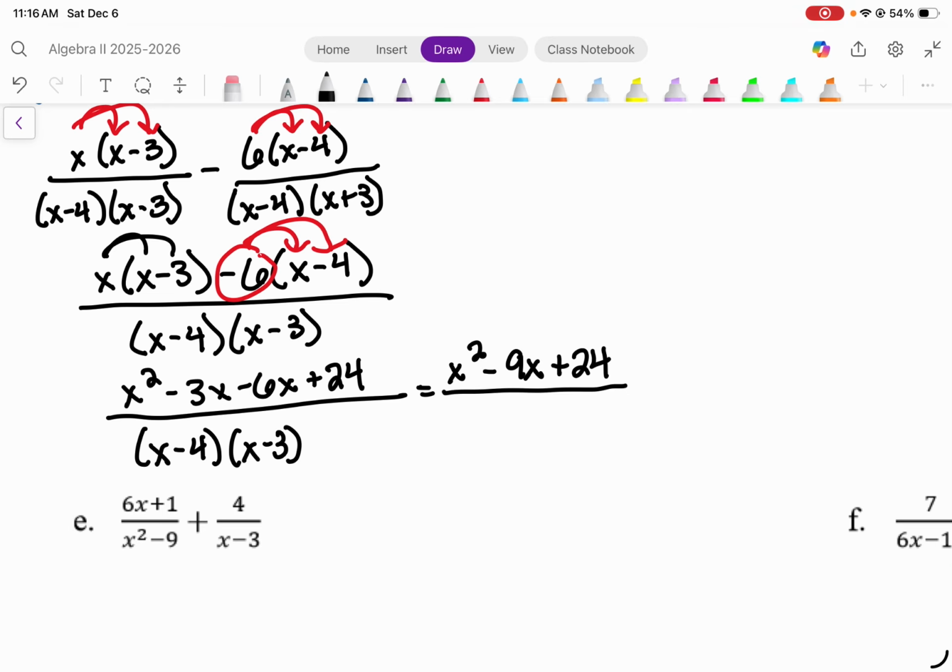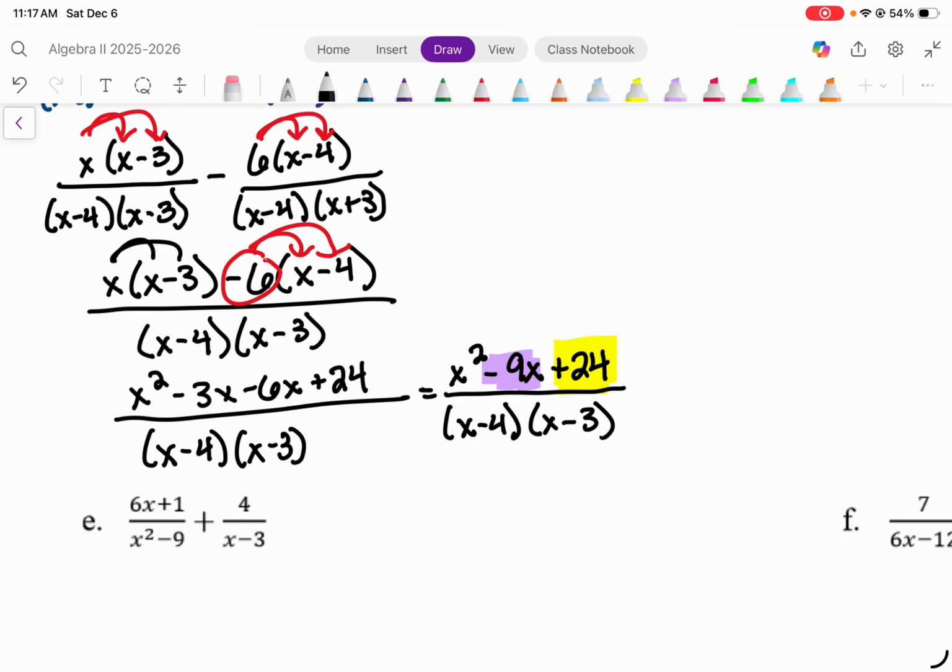Now, with these, once it's simplified on the top, we do need to make sure that we check to see if it can be factored. So we're going to check, are there two numbers that multiply to positive 24 and then add to negative 9? So for 24, we have 1 and 24, 2 and 12, and then 3 and 8, and 4 and 6.